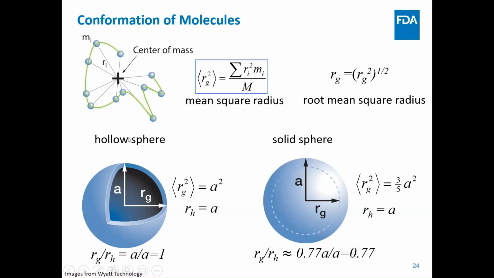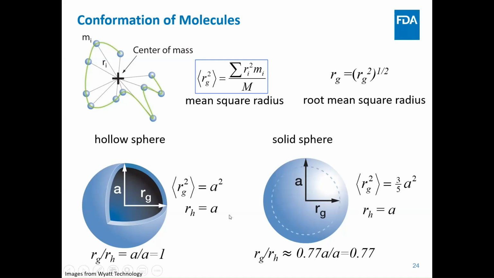mass. So in that case, if we have a hollow sphere, all the masses of all the atoms are distributed on a thin shell of this particle. So the RMS size is actually quite close to the actual radius of the particle, equals to A. And we know that in a lot of cases, the hydrodynamic size is also very close to the actual radius of the particle.